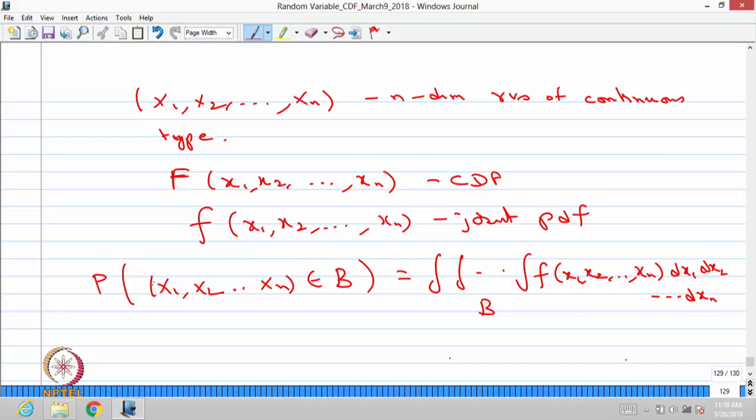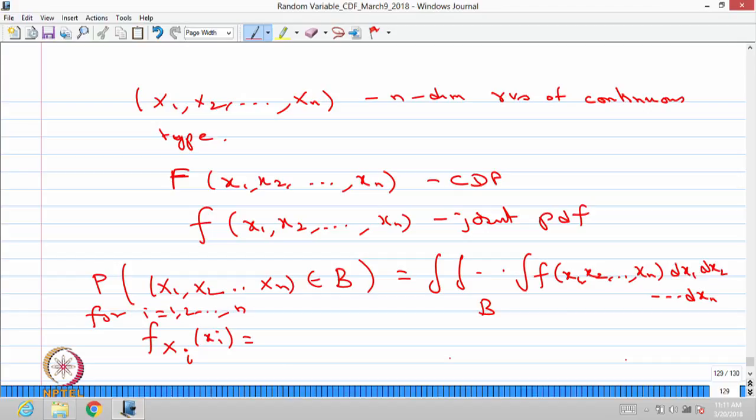The way we got the probability belonging to B, one can find the probability density function of any one random variable Xi, for i equal to 1 to n.